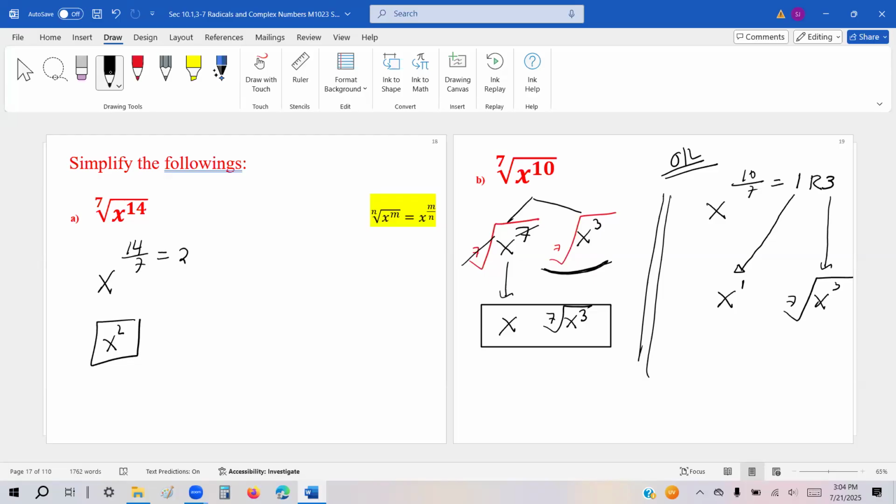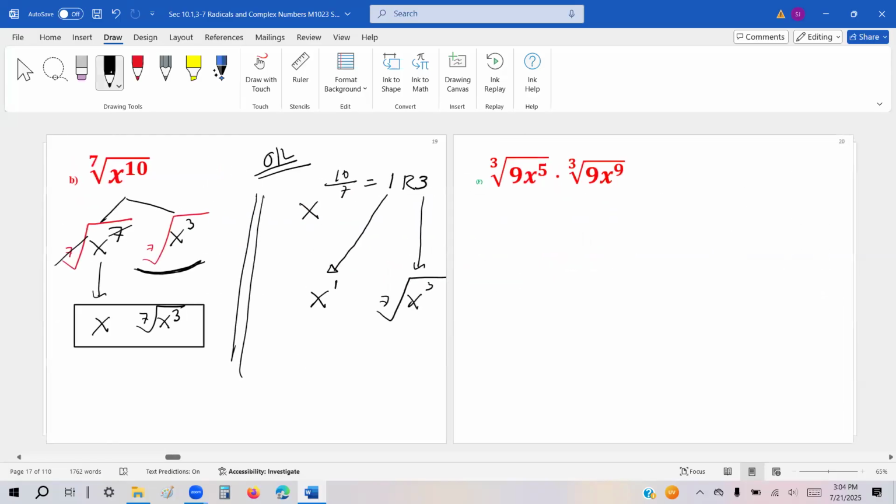Are you guys confused a little bit? Kind of. Now here comes the main question. In the final exam, they'll give you something like this, multiplication. So you're going to multiply and simplify.